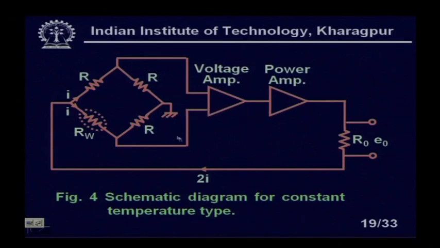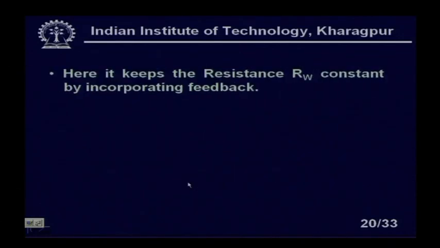there will be an unbalanced voltage here, and that will be amplified by the voltage amplifier, then the power amplifier. So, it will give a current. It will change the current through this bridge, and it will continue till we achieve the balance, right. So, it is an auto balancing system we can see here. Here it keeps the resistance R_W constant by incorporating feedback.